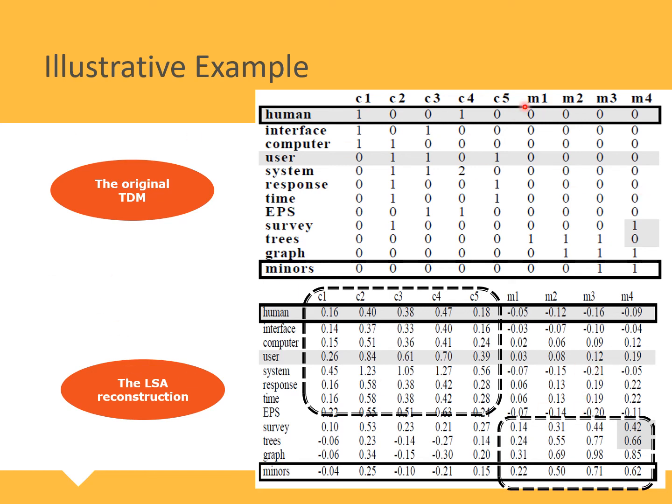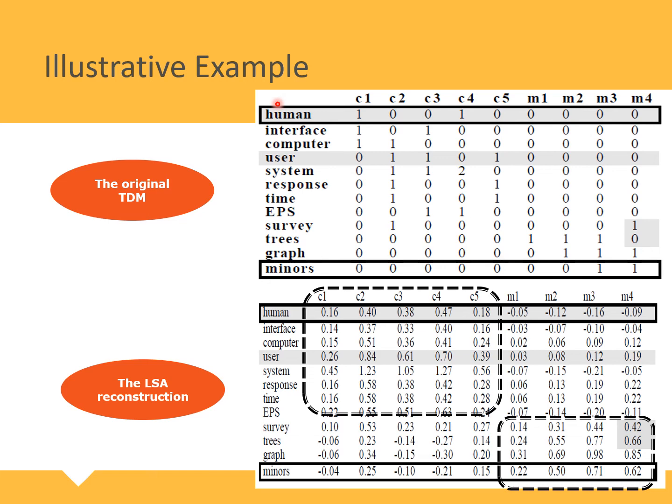So this was the original term document matrix, right? Now we have done a reconstruction of the term document matrix, and for this reconstruction, what did we do? How did we achieve this? We took the original term document matrix, then applied singular value decomposition on this matrix to represent it as a product of three matrices, and all those three matrices we looked at.